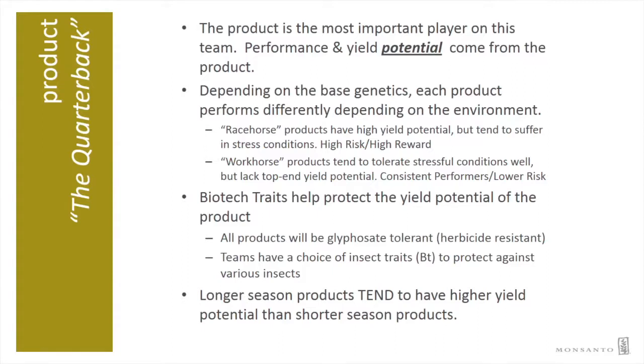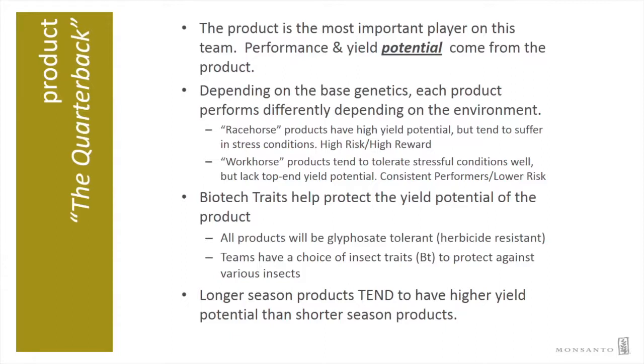And then we have a wide array of different insect traits, or what we call BT traits, that protect against various insects throughout the season as well. We have above ground resistance and we have below ground tolerance in these products as well. So we'll walk through that in our next slide.